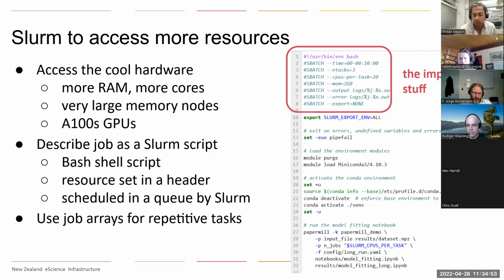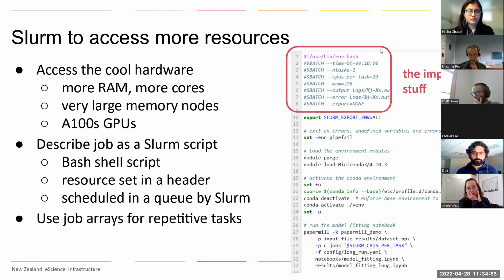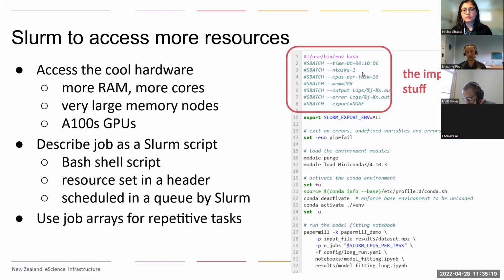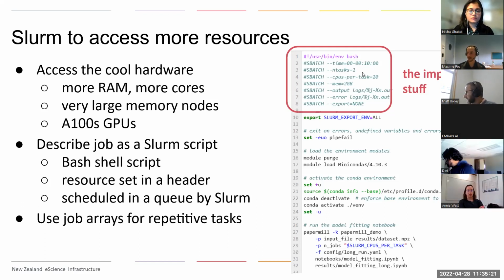But with a special thing, which is a header, which is here labeled as the important stuff, where you will use some commands to instruct Slurm, the scheduler, what are the resources you want to use. So for how long, so how much time, how many CPUs, what's the RAM, which GPU you want to use. You can ask all sort of things to the scheduler, even some very cool things like, hey, can you email me when the job has started, or can you email me when the job has stopped or finished?